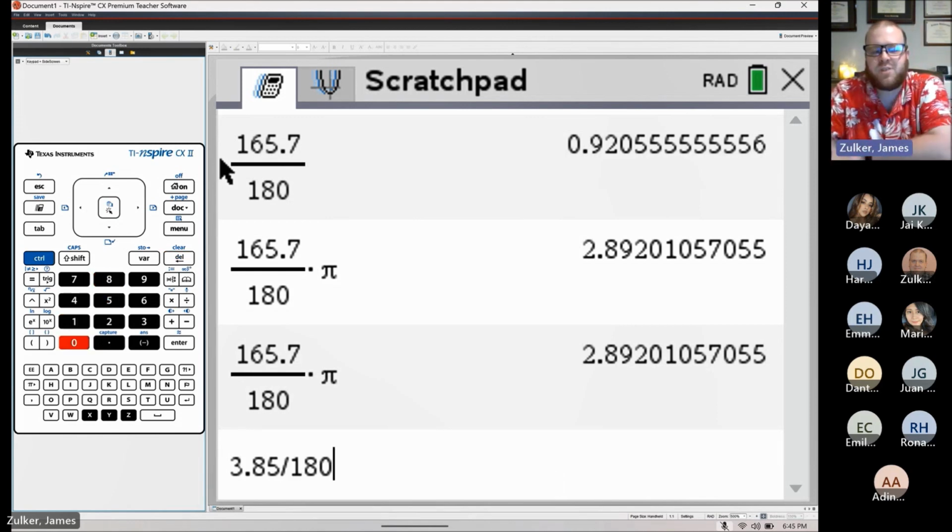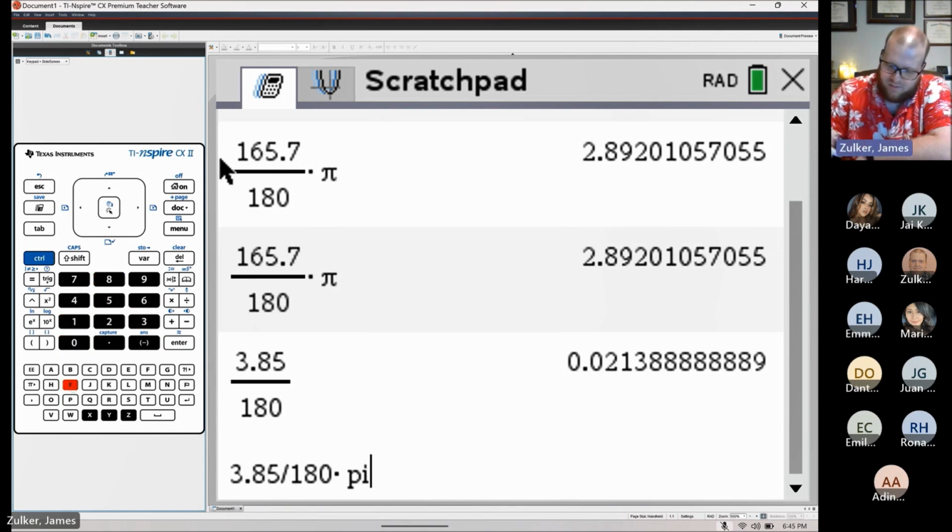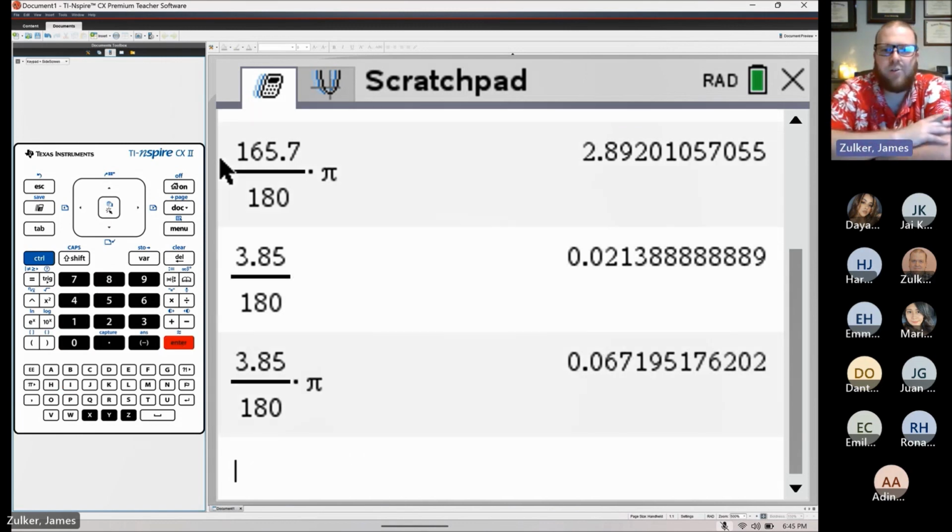And notice I'm not putting a negative because I know that I'm going to multiply by negative anyway. 0.0214 pi, that'd be if it's in terms of pi, or negative 0.0672.